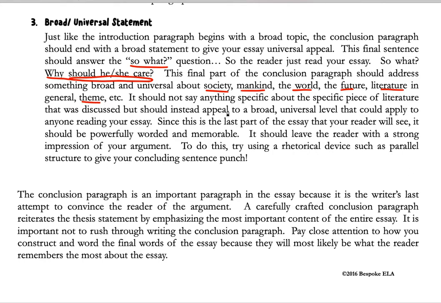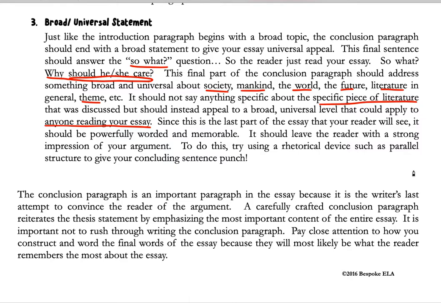It should not say anything specific about the specific piece of literature that was discussed, but should instead appeal to a broad universal level that could apply to anyone reading your essay. Since this is the last part of the essay that your reader will see, it should be powerfully worded and memorable. It should leave the reader with a strong impression of your argument.